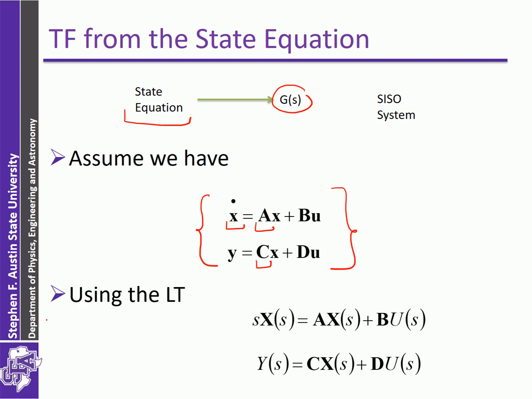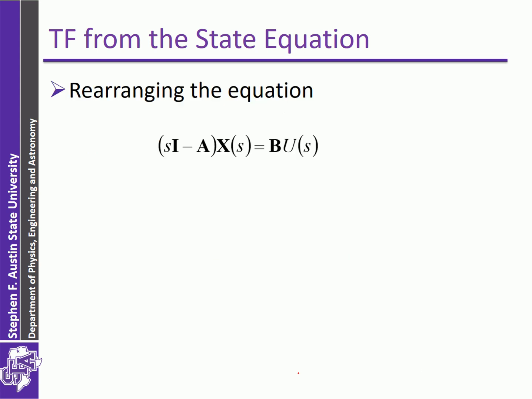Basically we're going to move everything that depends on x of s to one side, and everything that depends on u of s to the other side. We'll do the same for this side of the equation. So, working with this, we move everything around, so now we have our linear algebra equation in this way.